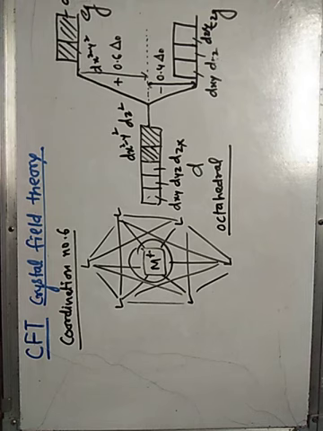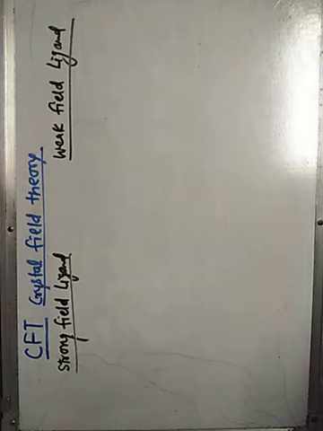So let's compare how CFT actually comes in in different cases when we consider the weak ligand and the strong ligand, right? Okay, let's see. Well, there are two cases. The first one is the strong field ligand, if the complex has a strong ligand.